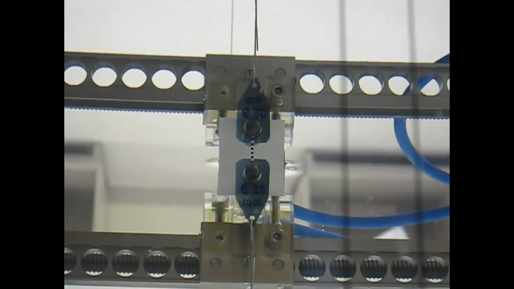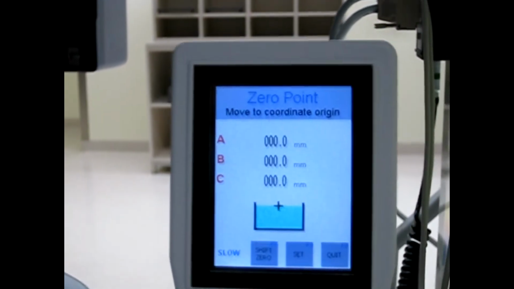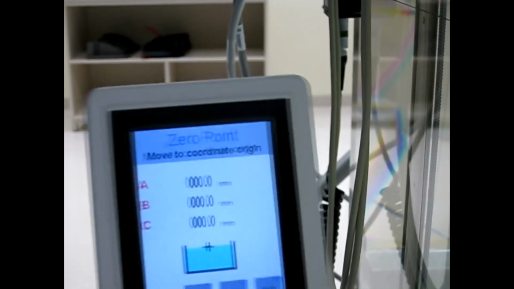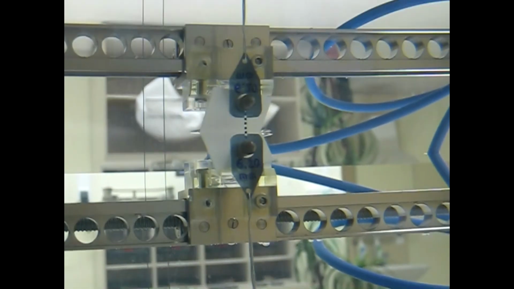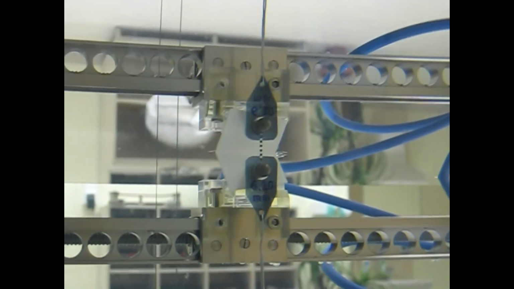The main task of this presentation is to show you that a small movement of the ionization chamber up or down from the calibration point can be easily recognized by the human eye with a short time of experience. Now I am moving the ionization chamber down by 0.1 mm, and you see that the B coordinate of the control pedal is increased by 0.1 mm.